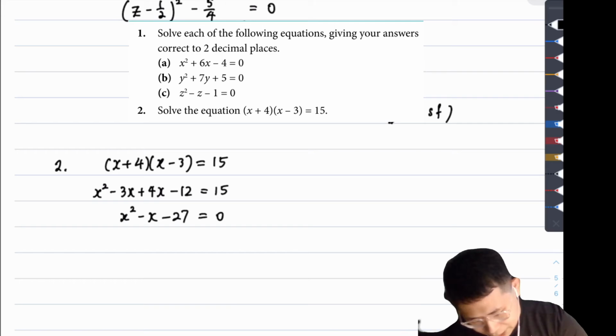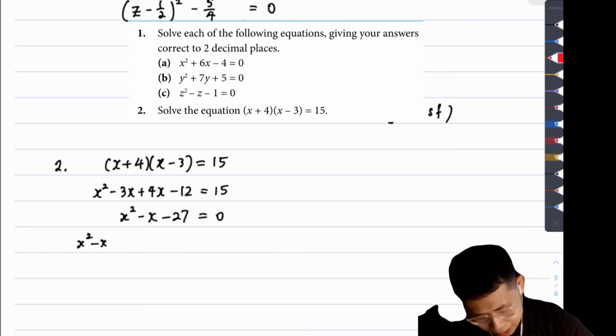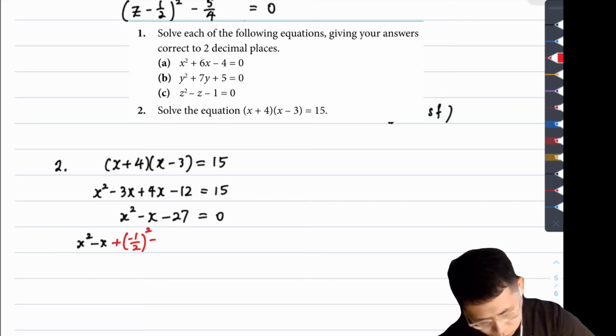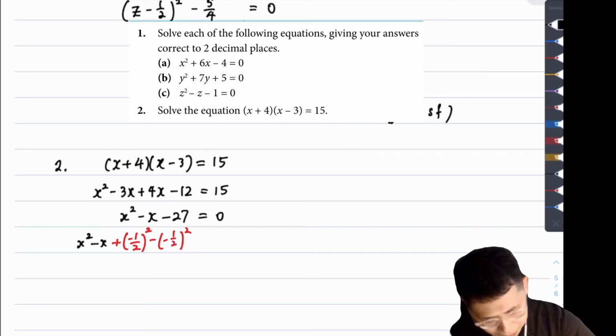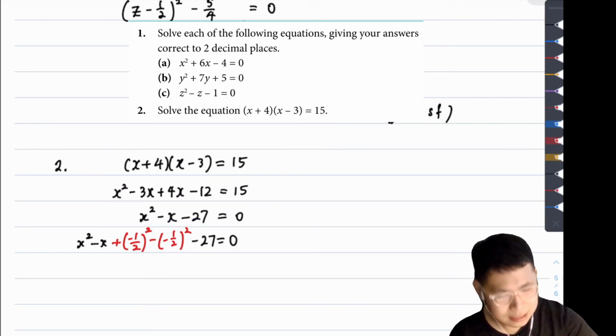So I will have x squared minus x. Then b is negative 1. I'm going to add b over 2, negative 1 over 2, and I'm going to minus away b over 2. And I have my minus 27 over here. Move this over so that you can see nicely.